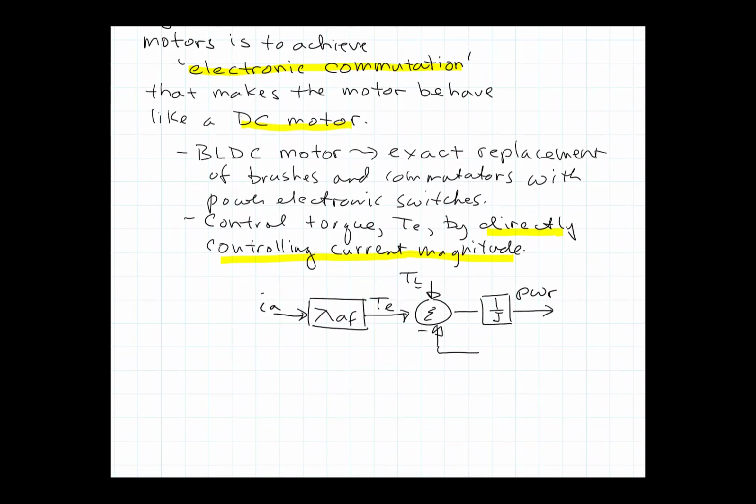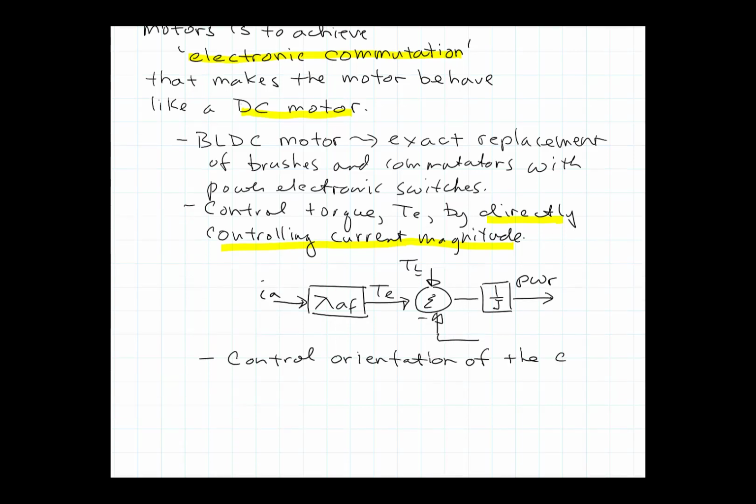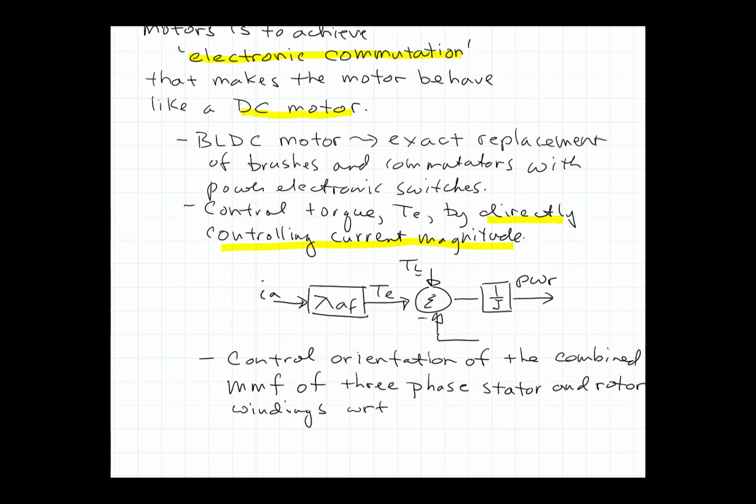The second thing that you're going to want to do is to control the orientation of the combined MMF. We're dealing with three-phase machines now, of the three-phase stator and, in the case of the induction motor, rotor windings with respect to the position of a magnetic field flux.